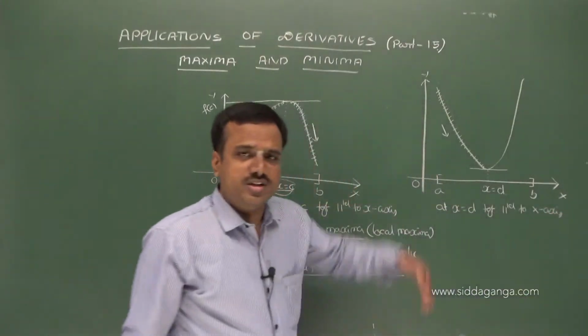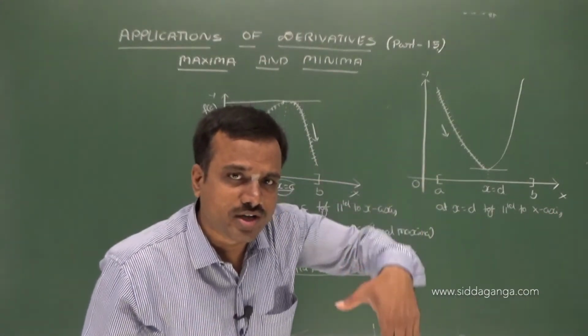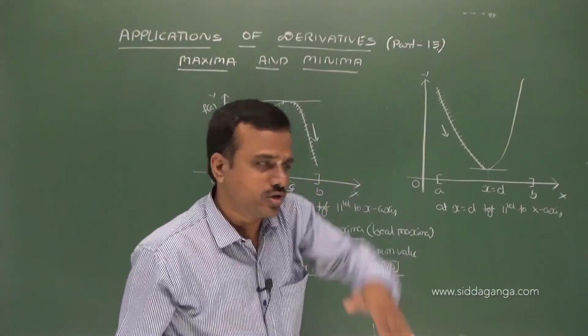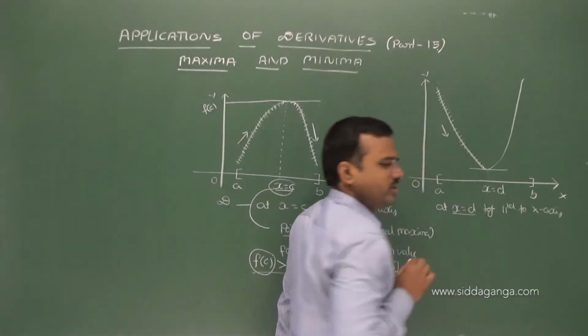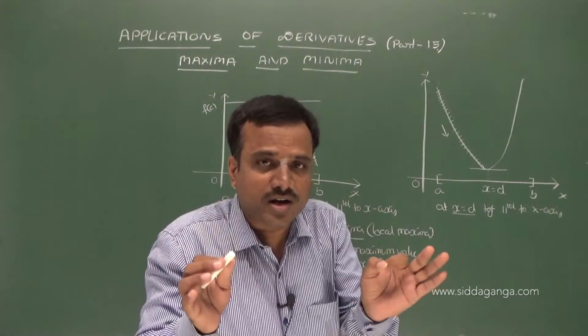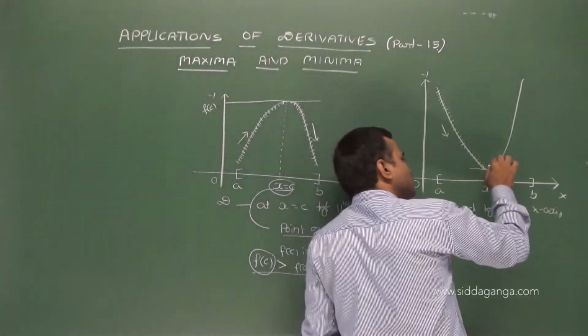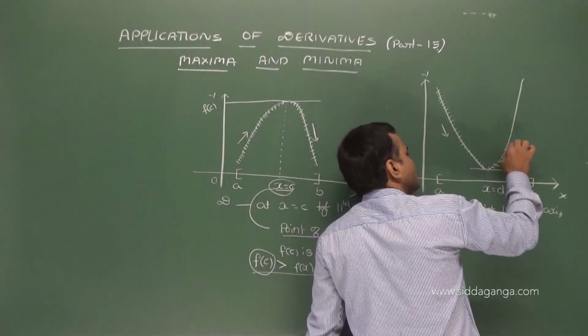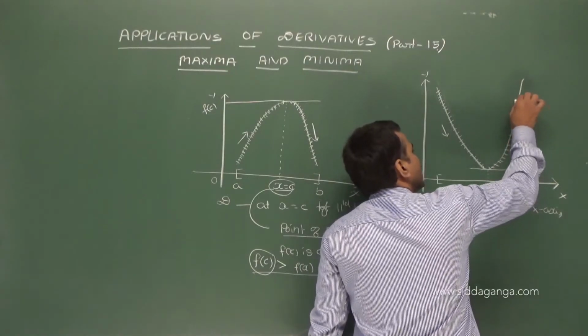Firstly, the tangent goes on decreasing. At x is equal to d, the tangent is parallel to x-axis. Then it goes on increasing, the tangent goes on increasing.